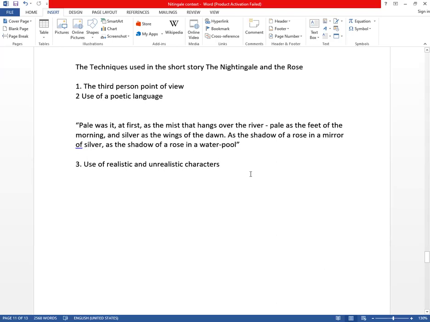The unrealistic characters are the personified animals and other natural objects.